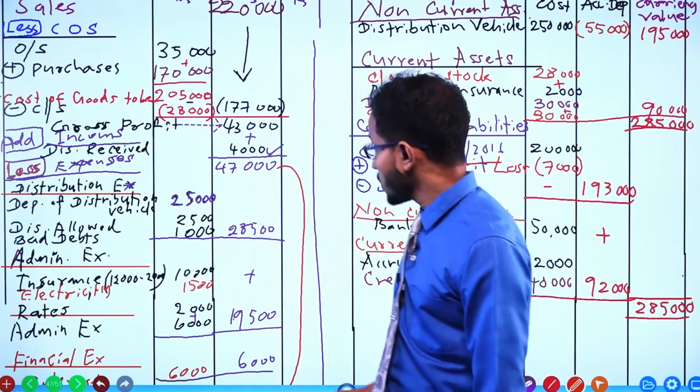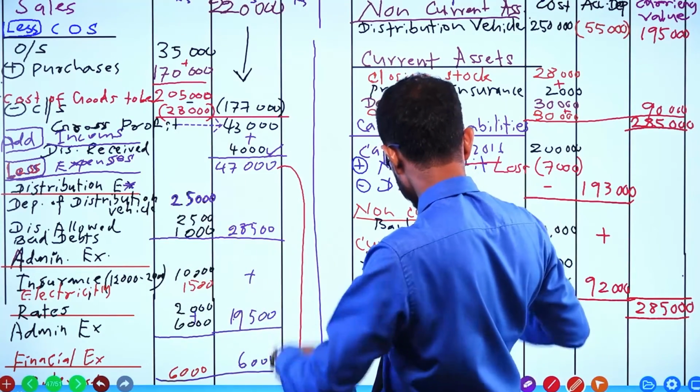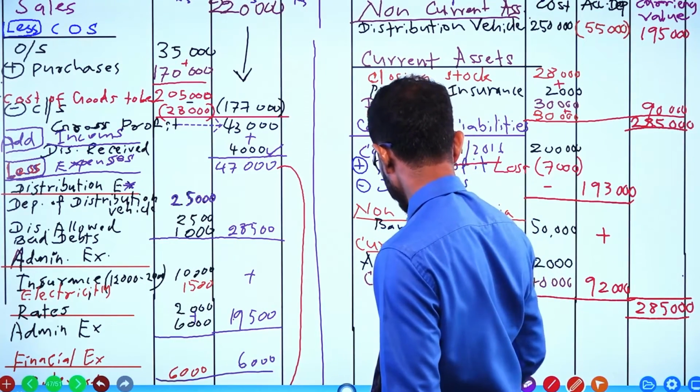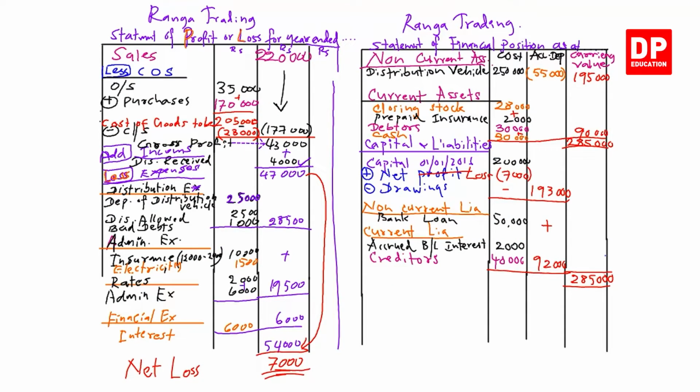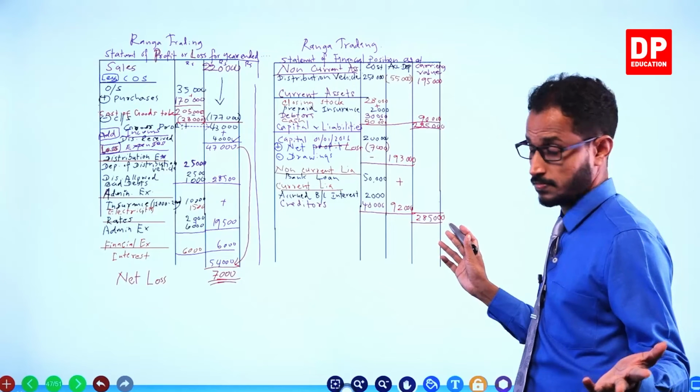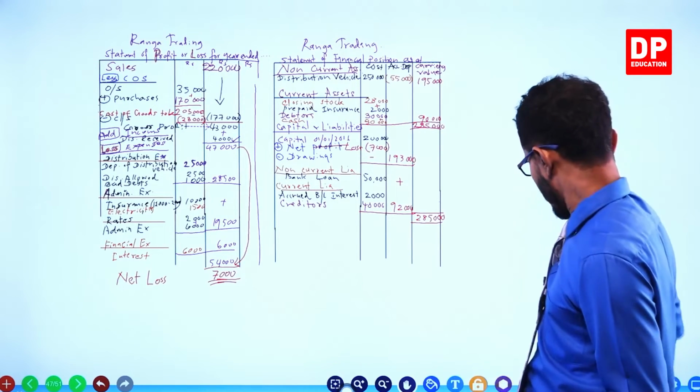To get an overall view, I will minimize these statements so you can see. Can you see the entire view of the statements? We balanced.